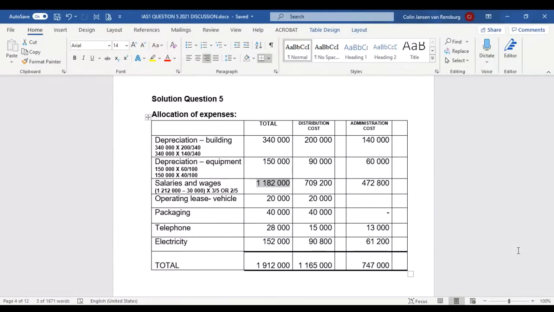Right. But now again, we've got to allocate it to the functions, to the distribution function and to the administration function. So here we've got to go and see how the salaries and wages were earned between the workers in the one function as opposed to the workers in the other function.